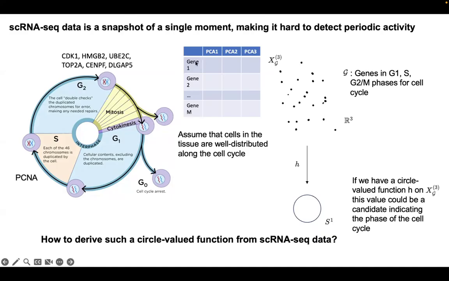It should be cell. So PCA1, PCA2, PCA3, and cell 1, cell 2. Yeah, this should be correct.